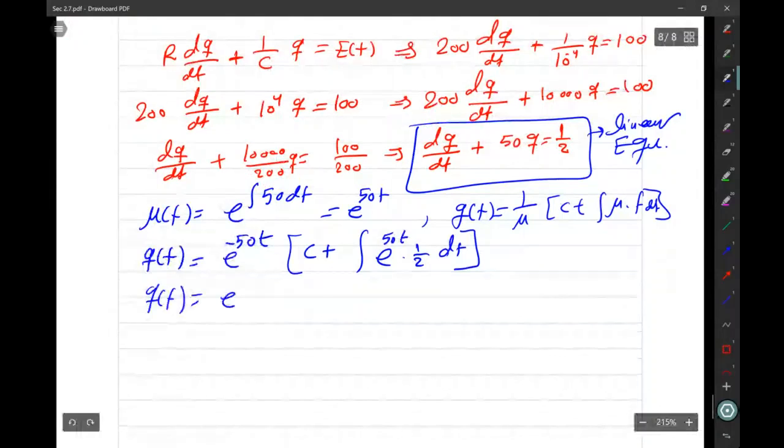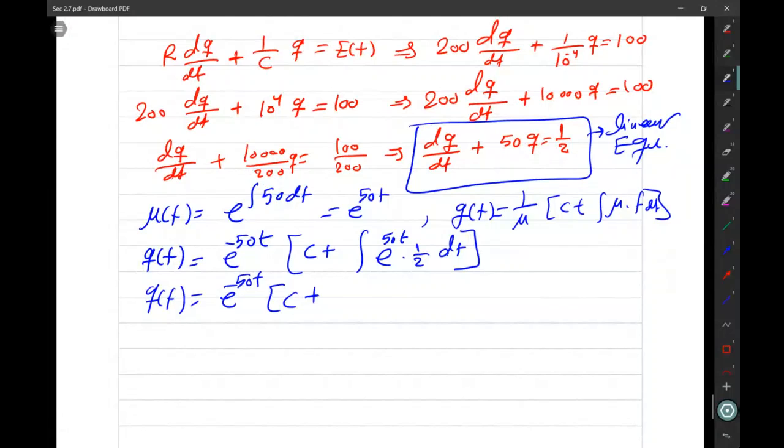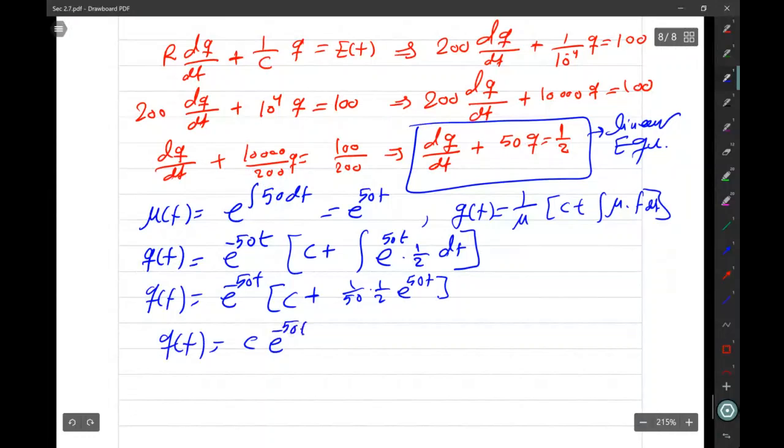Q is equal to e to the power minus 50t times c plus 1 by 50 times half e to the power 50t. So q of t is c e to the power minus 50t plus 1 by 100.